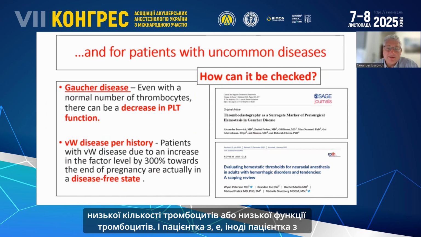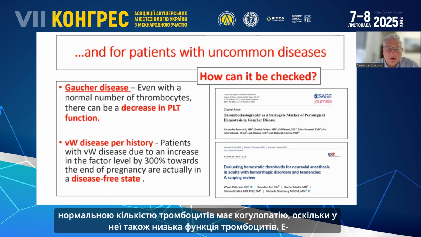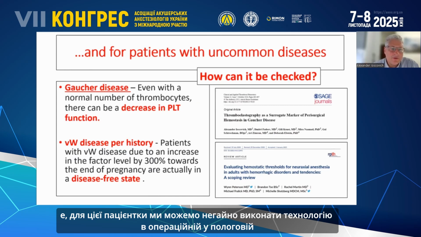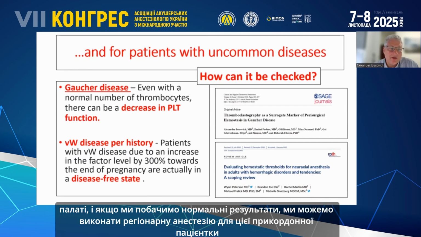And sometimes a patient with a normal platelet number has a coagulopathy because they also have low platelet function. For this patient, we can perform TEG immediately in the operating room, in the delivery room, and if we see normal results, we can perform regional anesthesia for this borderline patient.